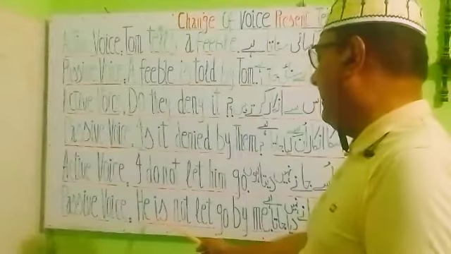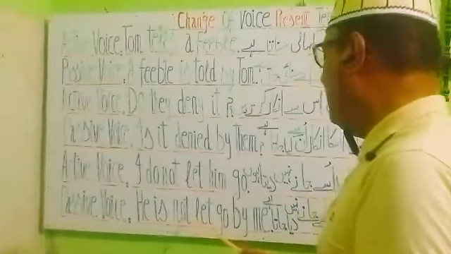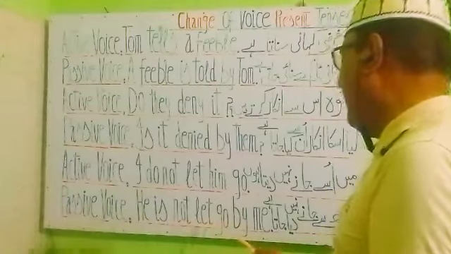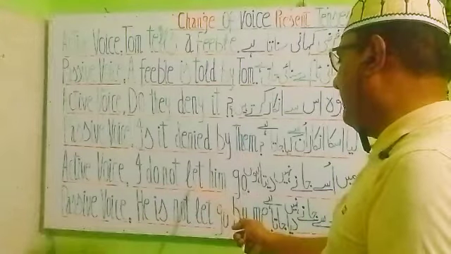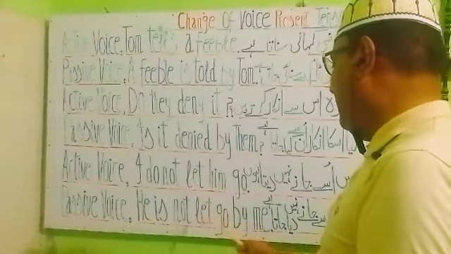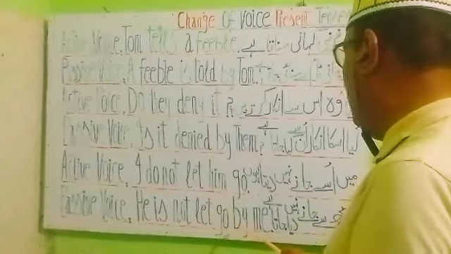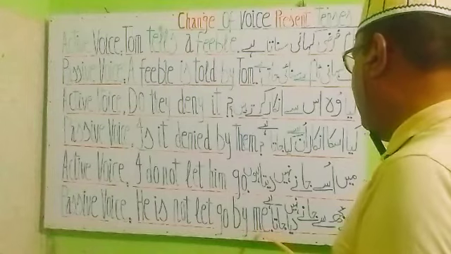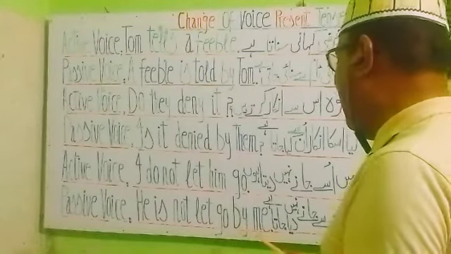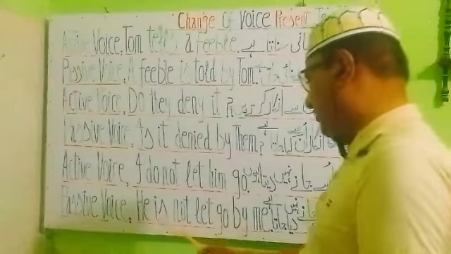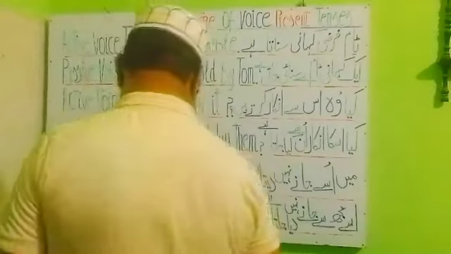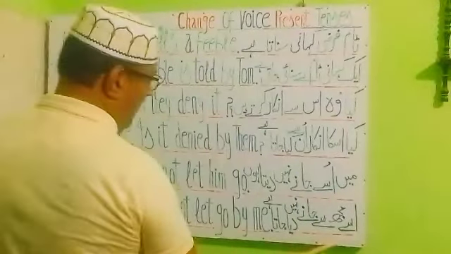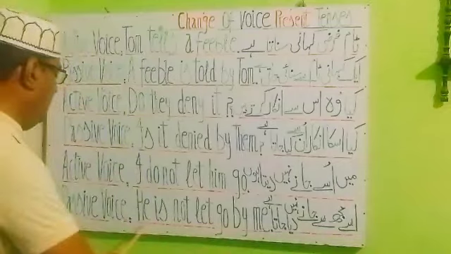He is a subject, is a helping verb, not for negative sense, and the third form of let, which is a verb, is let, and we will write go after that, and the connector by, and the objective form of I is me. So this is the new statement: He is not let go by me. उसे मुझसे जाने नहीं दिया जाता है.